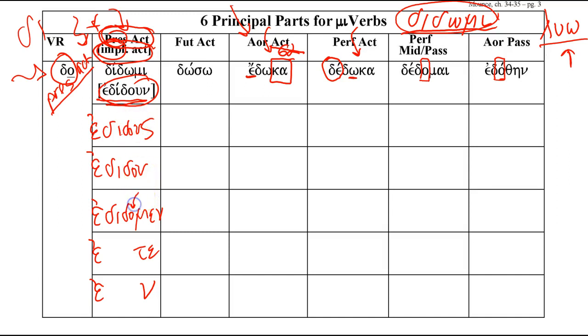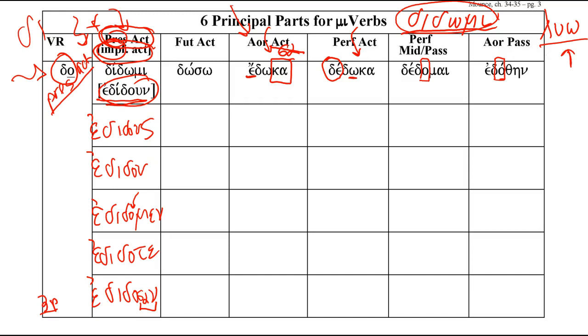Notice that this retains its short vowel. So like the present tense, it likes using the short vowel for the plural forms. ἐδίδοτε is you all were giving. And for the third person plural, we have a slight modification. It's ἐδίδοσαν. It uses a changed form, ἐδίδοσαν, for the third person plural. They were giving.